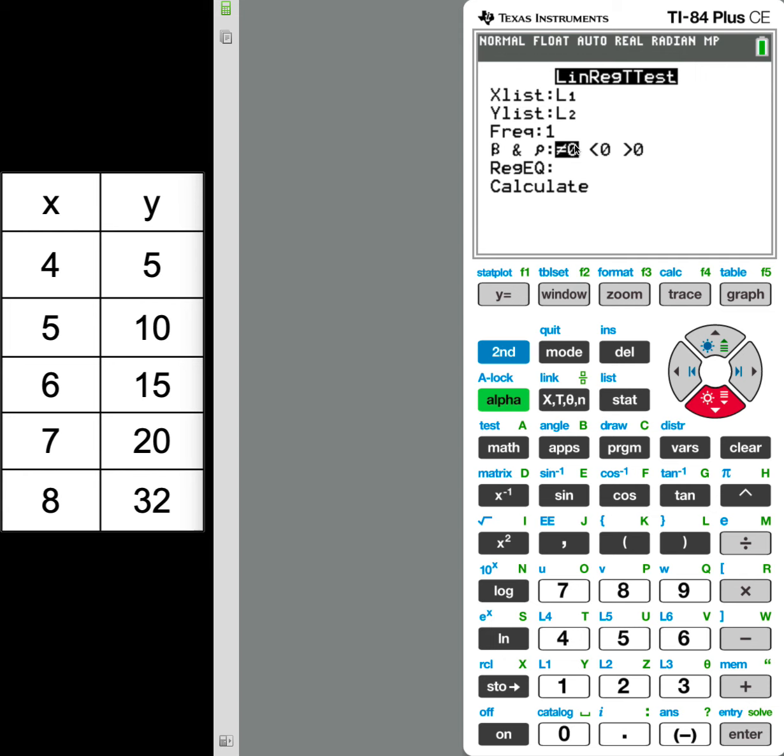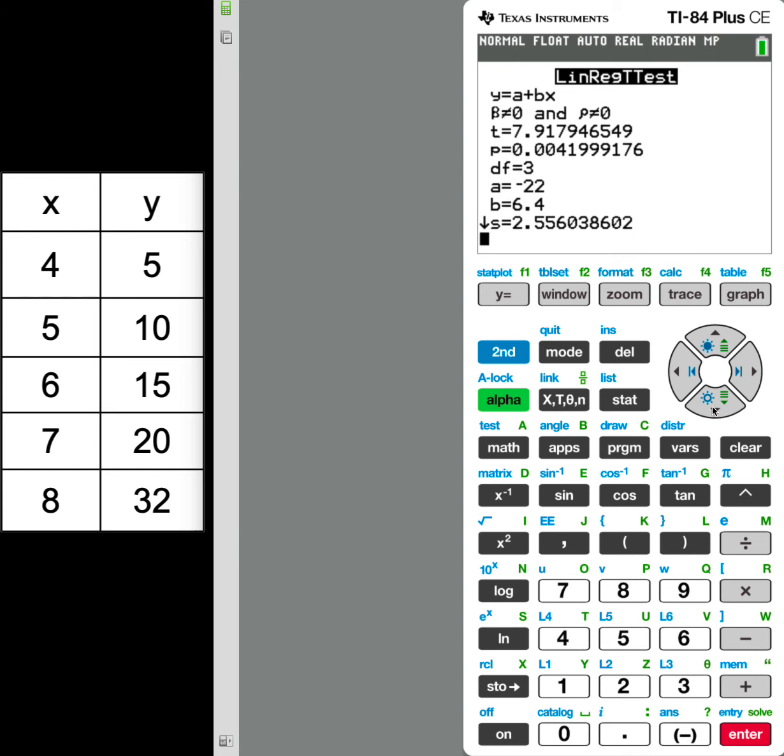It does matter if you're actually running a test. You could leave it as a two-tailed test, but if you're actually running a test, then you want to highlight which one you're actually doing. Skip everything, you don't need anything here, calculate.